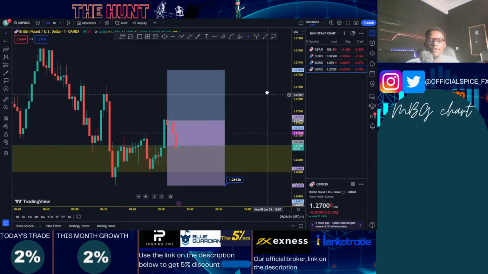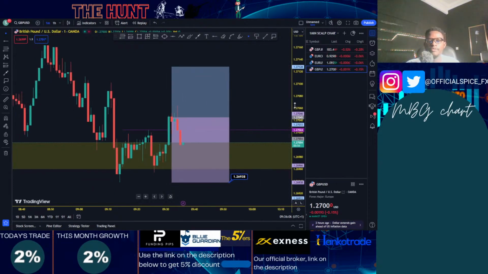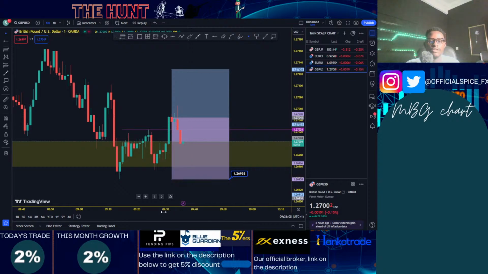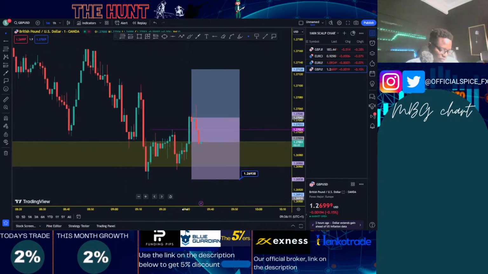This is a cross pairs, guys, so please practice proper risk management. On this, I'm not even going to be risking more than 1% on both trades.